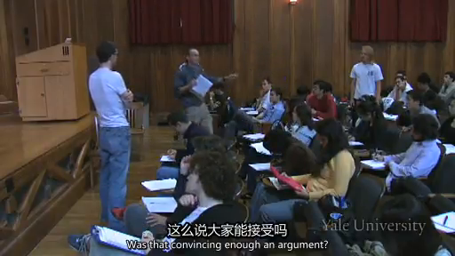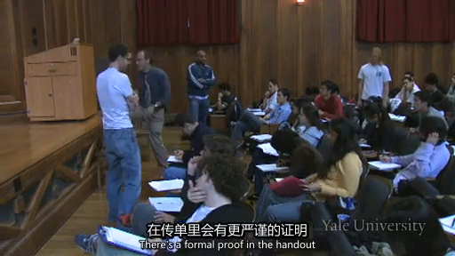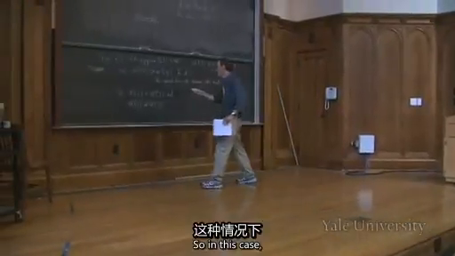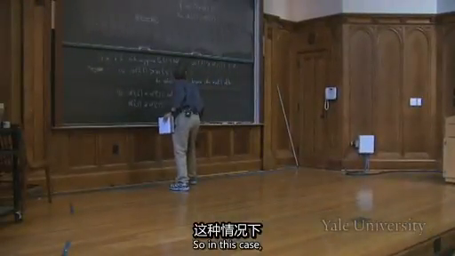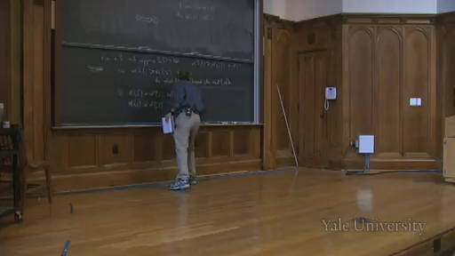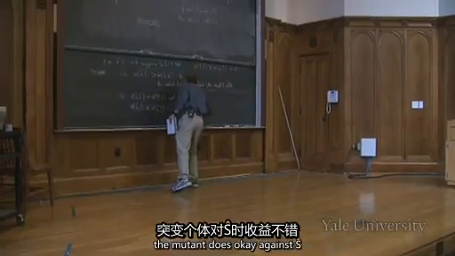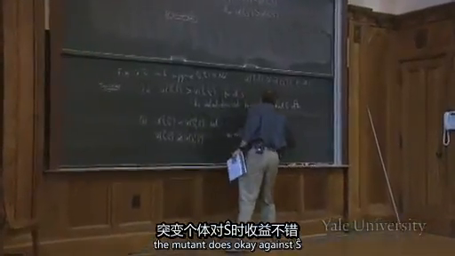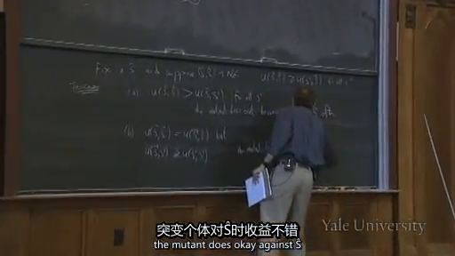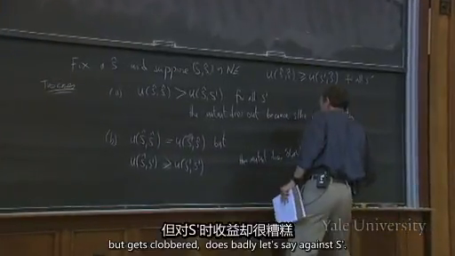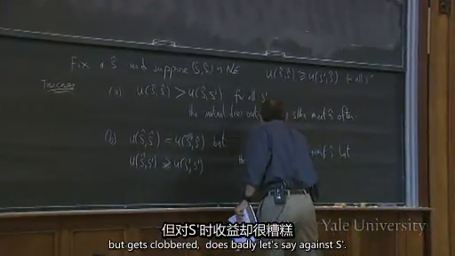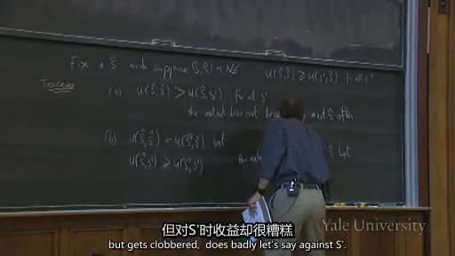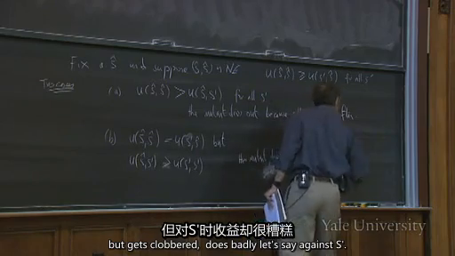Was that convincing enough an argument? There's a formal proof in the handout, but this will be enough to get us started. So in this case, the mutant does okay against S hat, but gets clobbered, or does badly, against S prime.